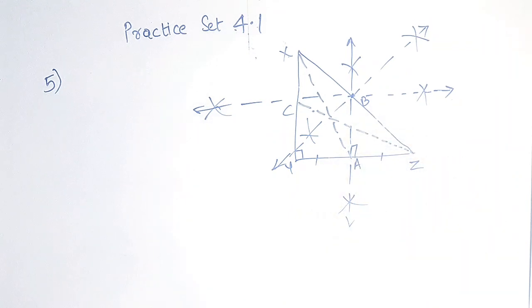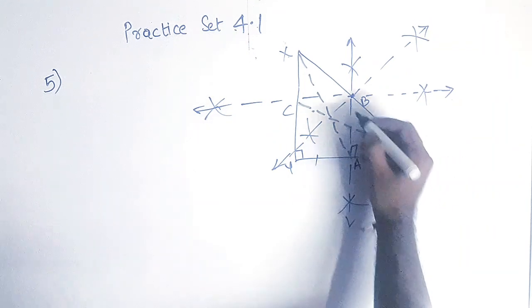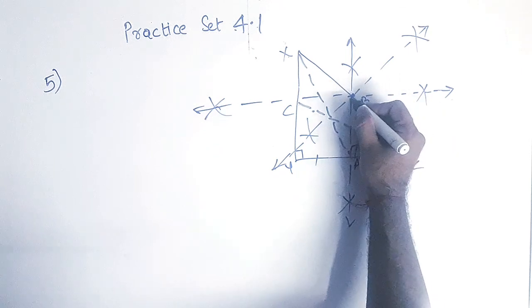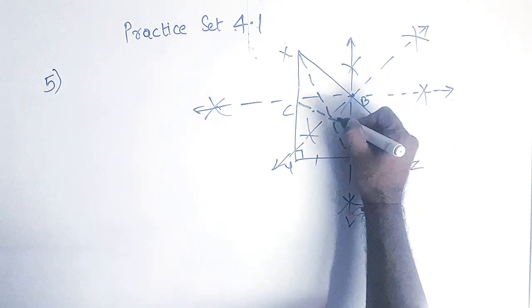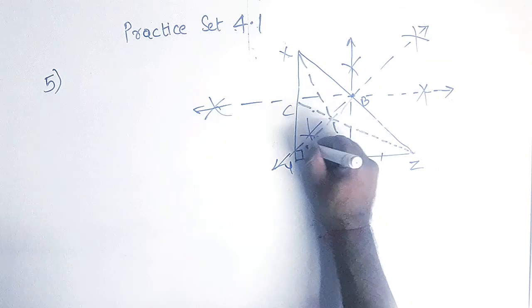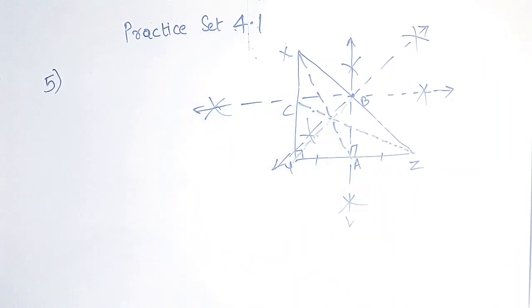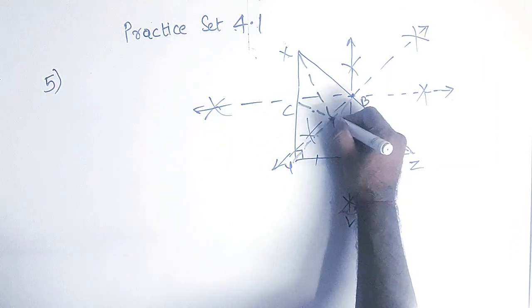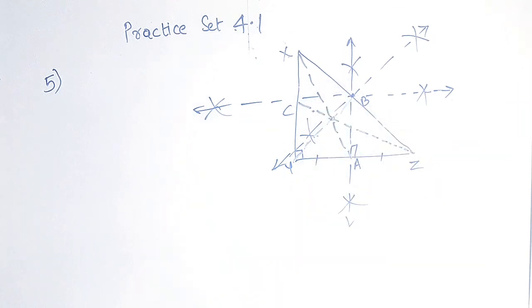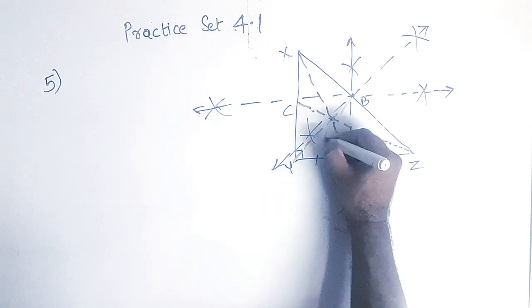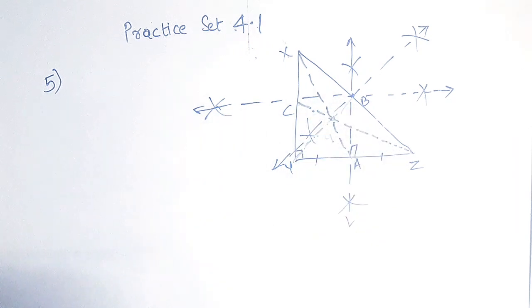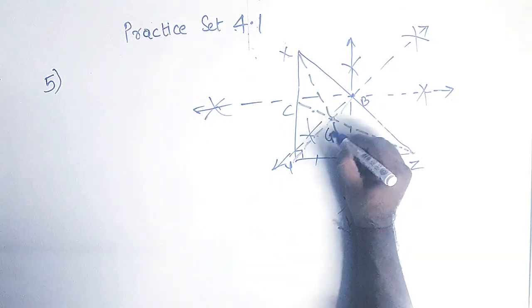Another one, and lastly is YB. So it will be like this. You can see this point. This point is the point of concurrence of medians, which has to be denoted by G because it is called a centroid. So I'll give it G.